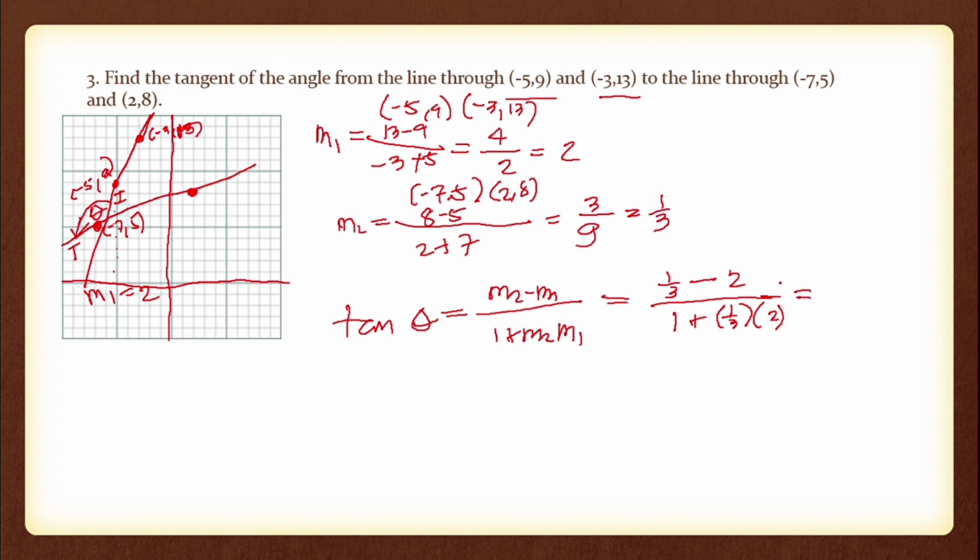If we compute using our calculator, the result is -1. So therefore the tangent is -1. So that's for number 3.